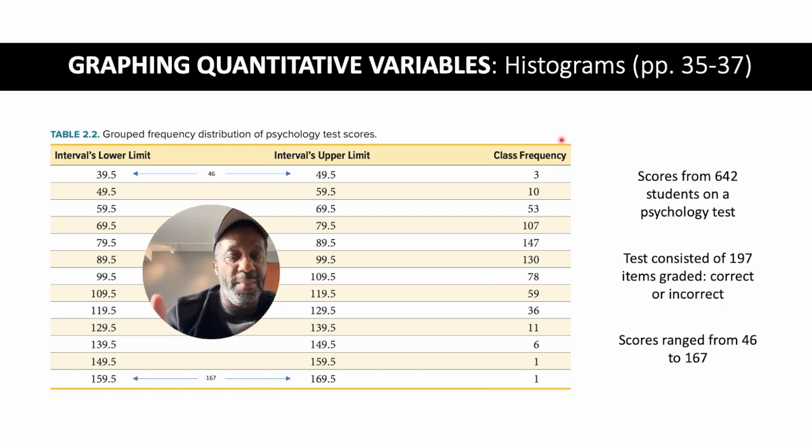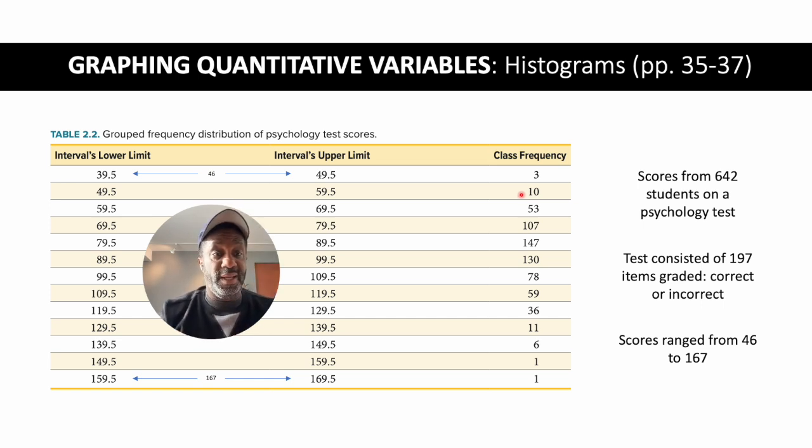And we can see all the way up, I said that the scores range from 46 to 167. There is a 167 here, just like we had a 46 here. And 167 is sitting in a bin where the lowest value is 159.5 and the highest value is 169.5. You can see a little bit how the scores are distributed by simply looking.